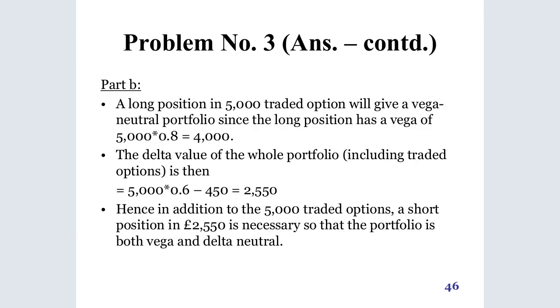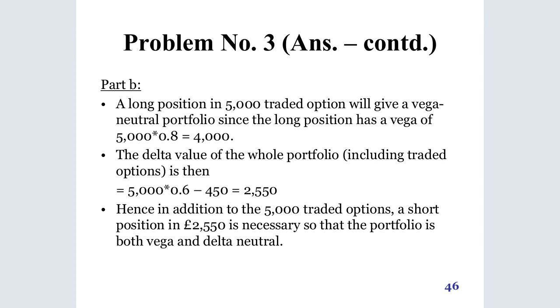And for the last part, what happens? You have a long position in 5000 traded options, which will give a Vega neutral position. Since Vega is 0.8, my Vega was minus 4000, so I need to trade 5000 at 0.8. But there was minus 4000, so I have to go long. But the moment I take 5000 options, what happens?